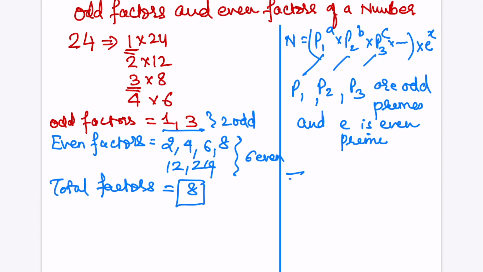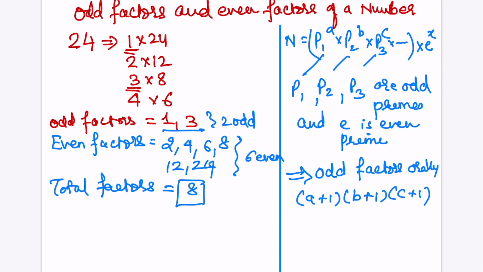Now, in order to calculate odd factors orally, we just have to write a plus 1, b plus 1, c plus 1. Now, in case of 24, this is 2 power 3 into 3 power 1. We have only one odd prime and we will add 1 to that.